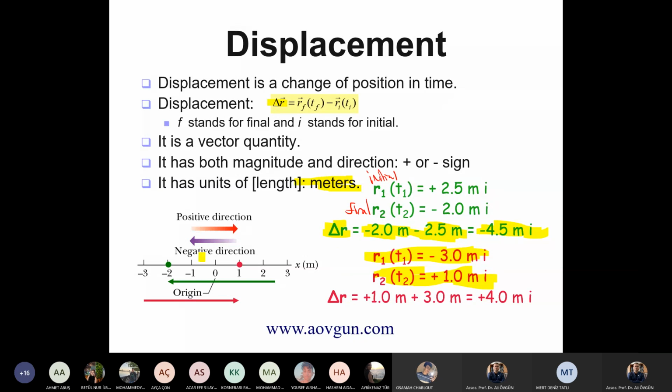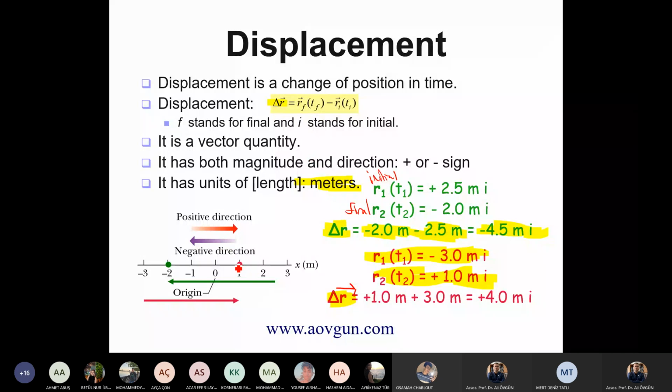Your displacement delta R, in the book and also lecture note, they use the bold font, so sometimes they don't use the arrow on the letter. But when you are doing an exam and writing by hand, don't forget to put the arrow, because the arrow shows that it is a vector quantity.